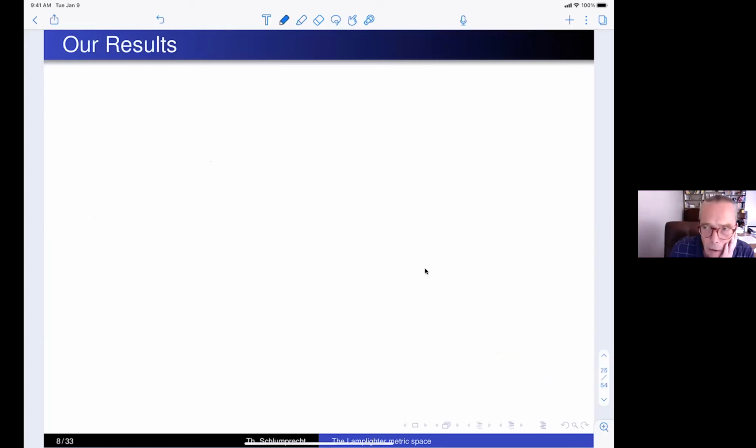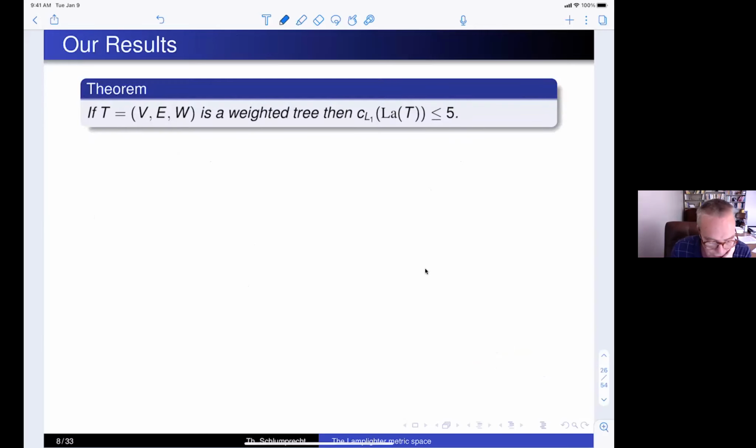So let me now present the results we have. The first theorem is that the lamplighter of a weighted tree can always be embedded into L1 with distortion less than or equal to 5.